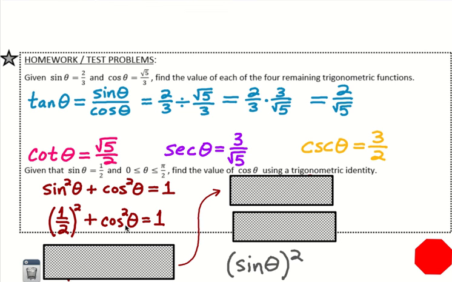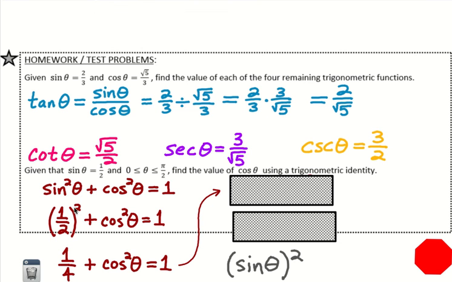From here on out, we're going to solve for cosine. So 1/2 squared. Flashback reminder: to square a fraction, you square both numerator and denominator, and that's how we get 1/4.